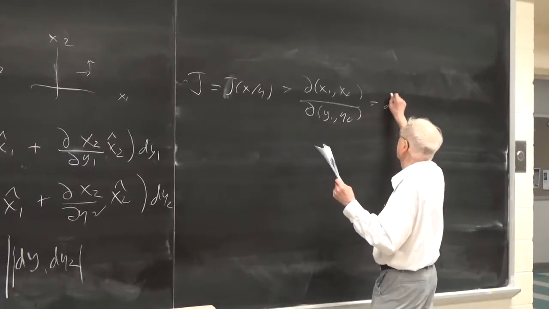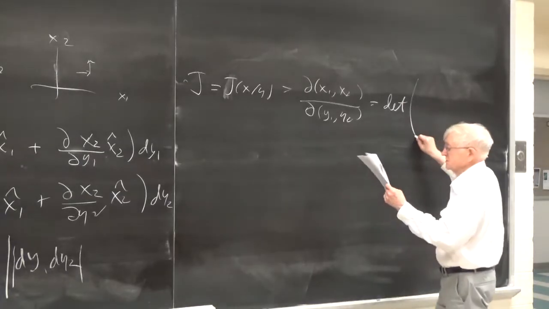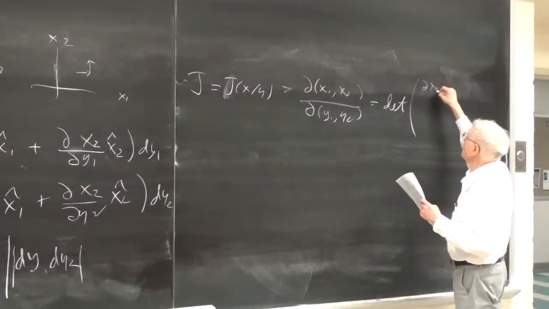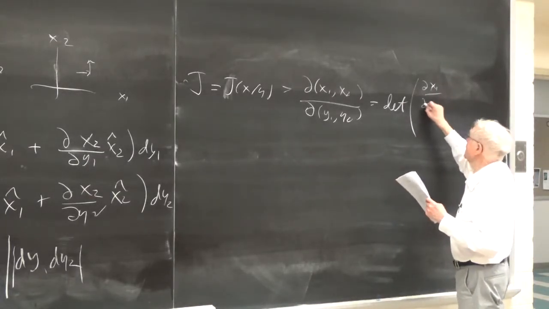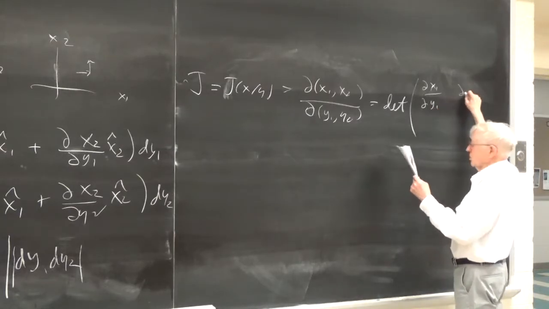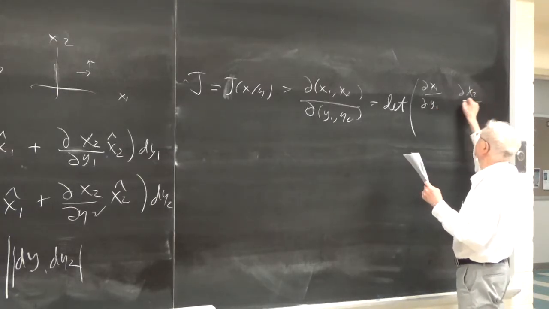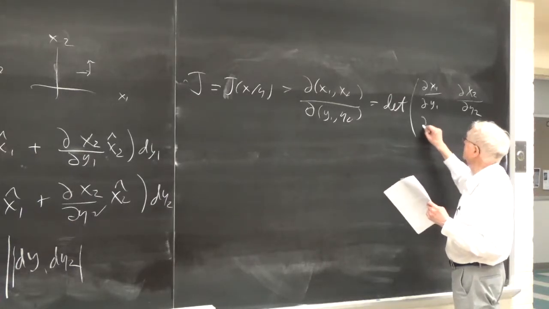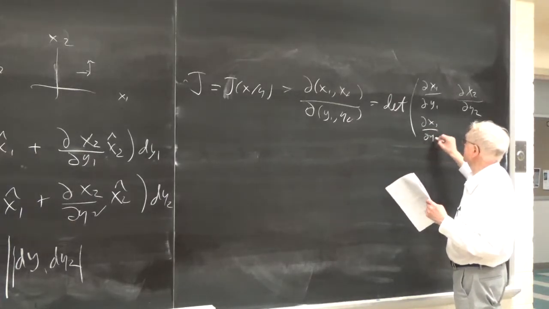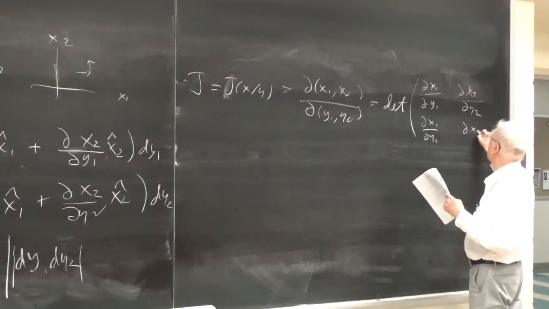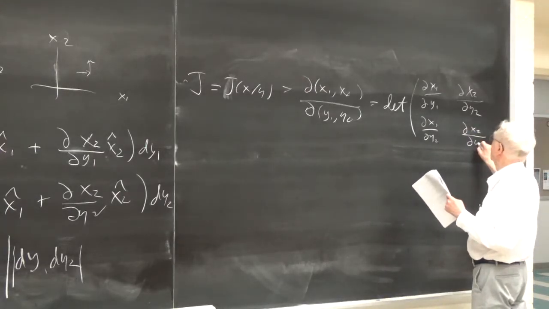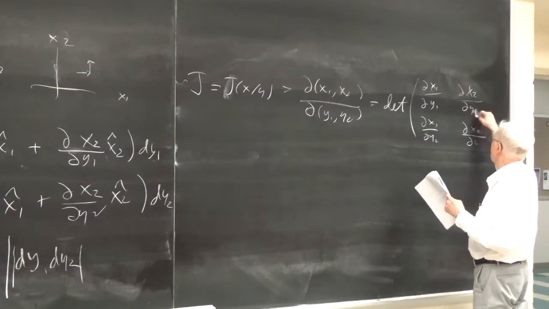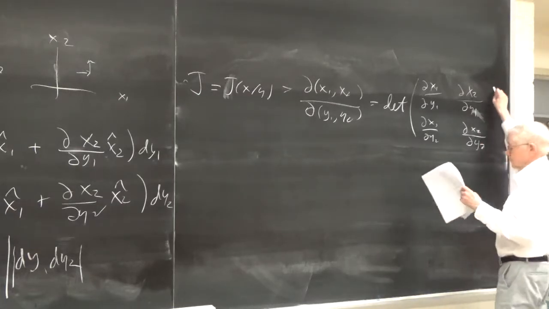And however you write it, what you mean is this determinant: partial x1, partial y1, partial x2, partial y2. And then the same thing down here, except it's y2. Wait a second, I screwed up. This is y1, and that's y2.